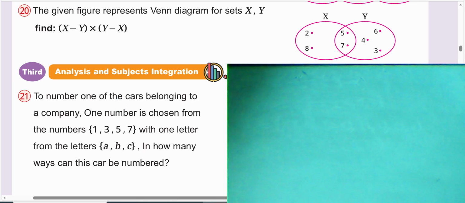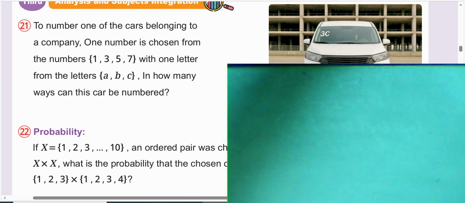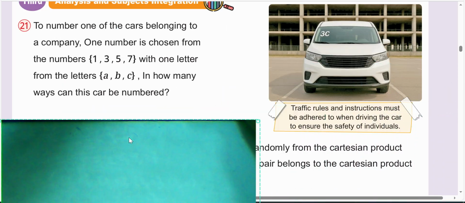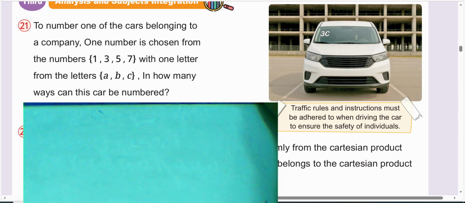Third question is about the subject integration. Number one: the cars belonging to a company. One number is chosen from the numbers 1, 3, 5, 7 with one letter from the letters A, B, C. How many ways can this car be numbered?